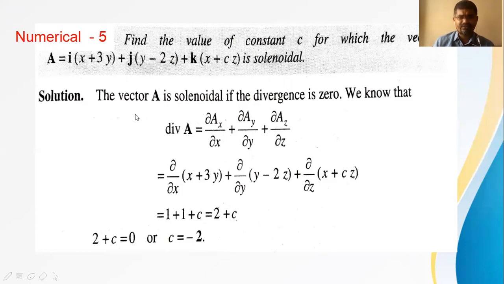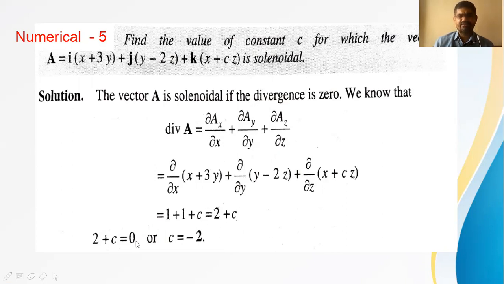The first term, ∂/∂x of (x + 3y), will be 1 because the partial differentiation of 3y with respect to x is 0, and ∂x/∂x is 1. The second term, ∂y/∂y is 1. The third term is c. So 1 plus 1 plus c equals 2 plus c.